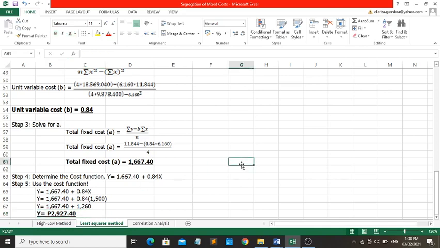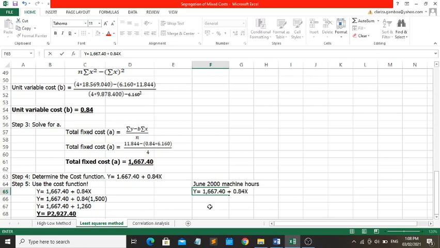Kung halimbawa naman, pagdating ng June, okay, pagdating daw ng June, ang total machine hours niya ay 2,000 machine hours. Okay, so June, 2,000 machine hours. So, magkano ngayon ang magiging total overhead cost ni company? So, ang gagawin mo lang, substitute mo lang ulit yung value ng X doon sa ating na-formulate na cost function. Y equals 1,667.40 plus 0.84x. Okay? So, yung x natin ngayon magiging 2,000 machine hours na.